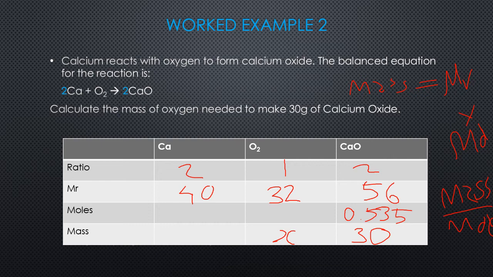So we can divide 0.535 by 2 to get 0.267.